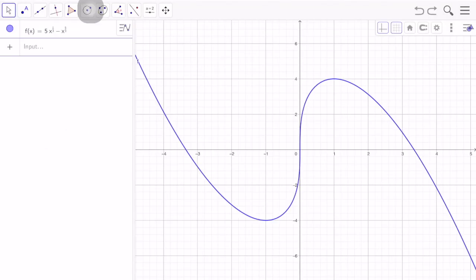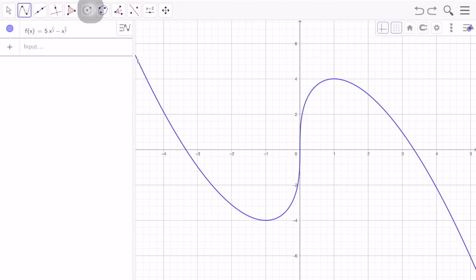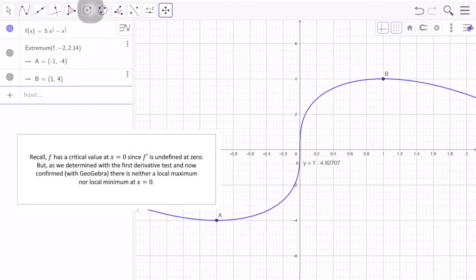All right, you can see here I've graphed our function using Geogebra, and we can use this extremum to find that our local minimum and our local maxima are indeed at -1 and 1 respectively. And as we can see right here at 0, so let's kind of move around at x equals 0.